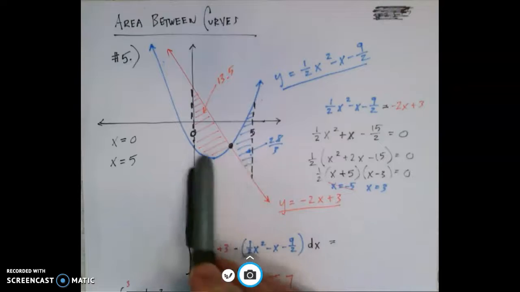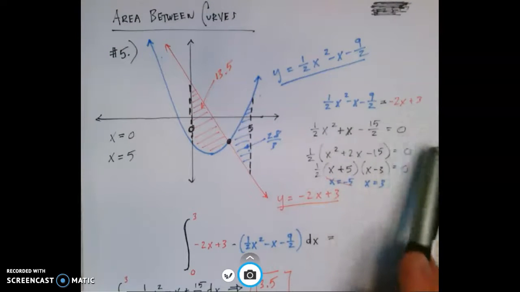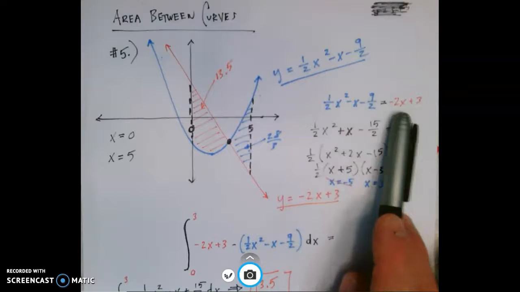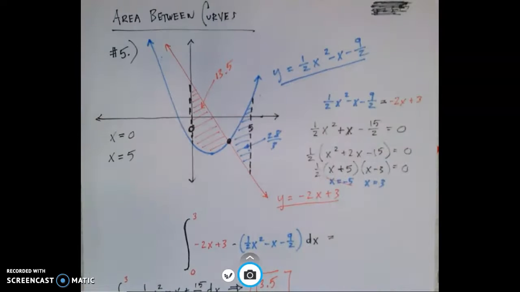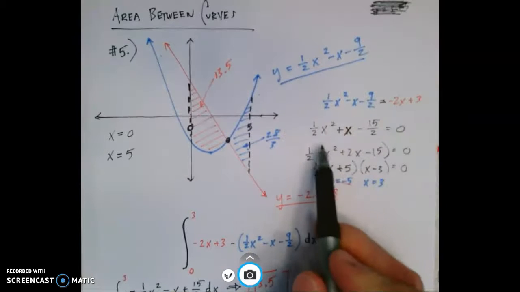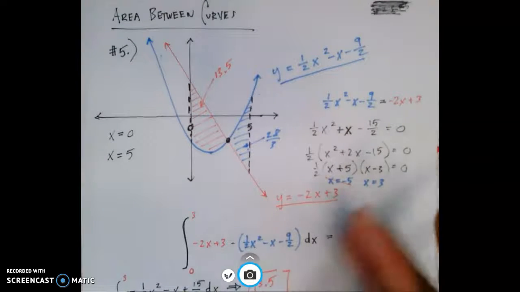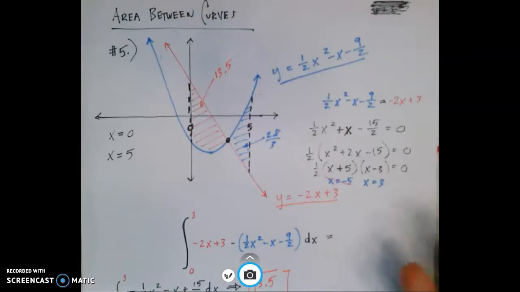All right? So we need to set these two things equal. We set our first function equal to our second function, and we move it over by adding 2x and subtracting 3. This is our new function: 1/2 x squared plus x minus 15/2 equals 0. If we have the ability to plug this into a calculator and just find the intersecting points, that's fine. If not, we need to factor.